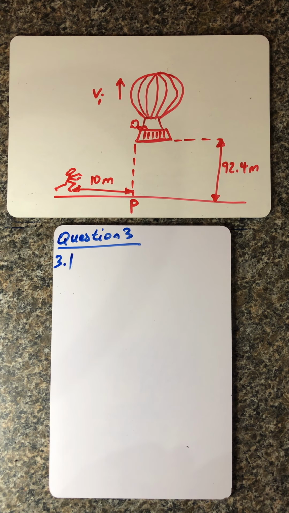Remember, from the given statement, they just indicated that the balloon is moving upwards, so obviously in the opposite direction as compared to this delta y. Very important, ladies and gentlemen, that you understand exactly what is going on over there. Guys, let's now substitute. So it becomes negative 92.4.